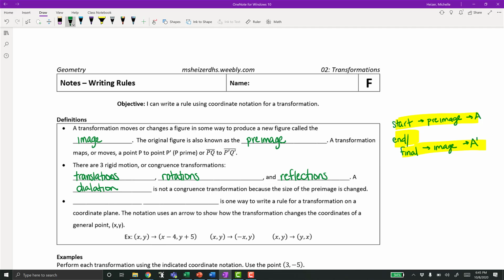But that's not a congruence transformation because congruent means to be the exact same in every way. So like the same size, same shape and everything. And a dilation is going to change the size between the pre-image and the image. So, but today we're not focusing on those. We're just focusing on transformations in general and their coordinate notation.